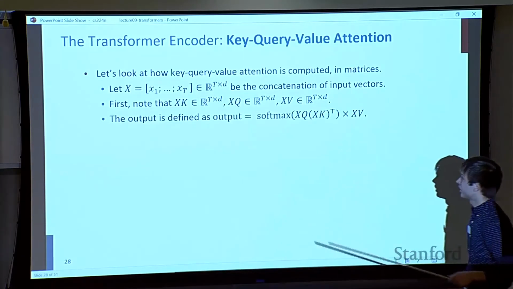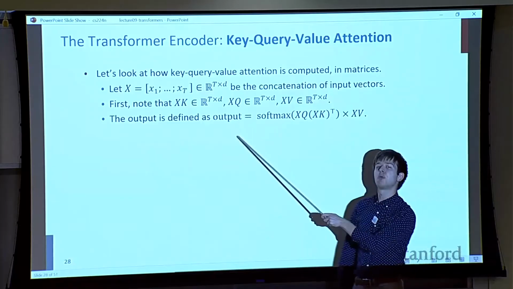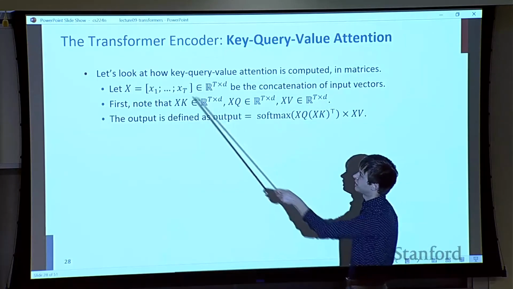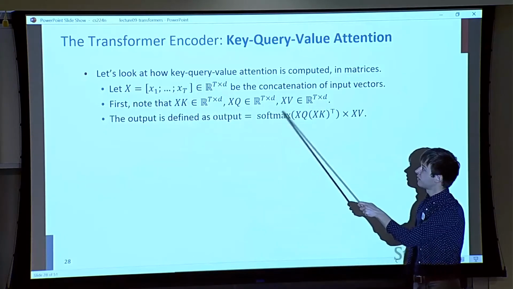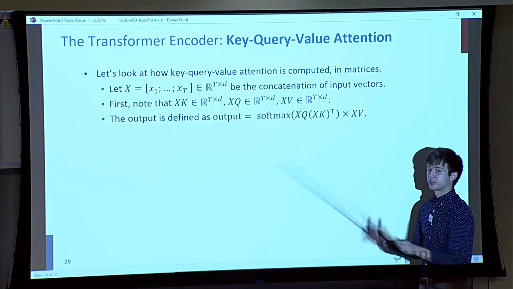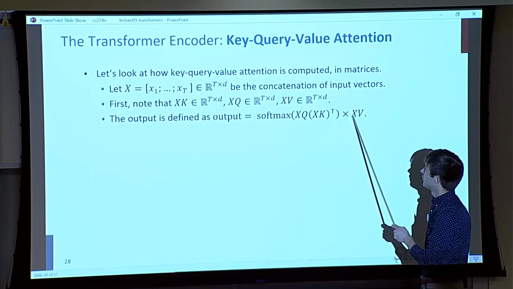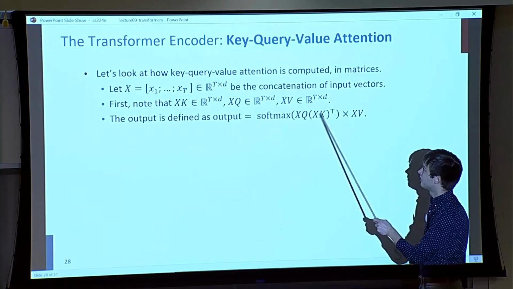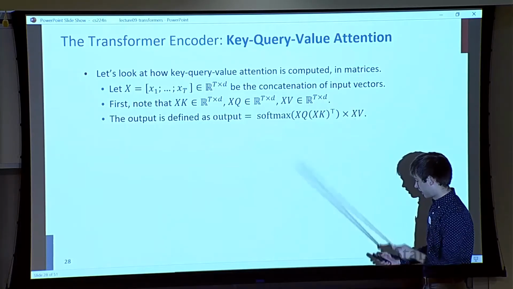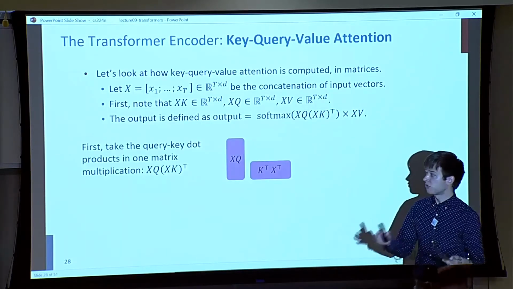So how do we compute self-attention? Our output tensor, which is the same dimensionality as the input X, is going to be equal to softmax of this matrix multiplication, which we'll get into, times the value vectors. The matrix multiplication here is computing affinities between keys and queries, and then here's our averaging. What does that look like pictorially?